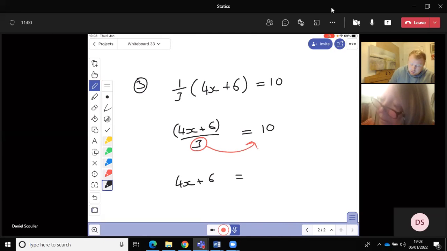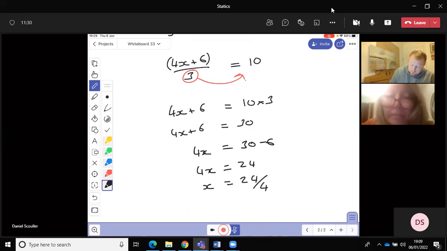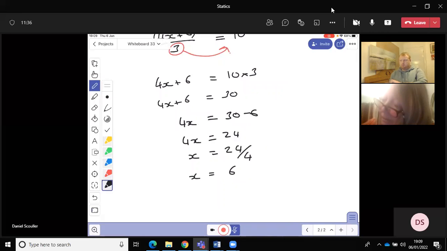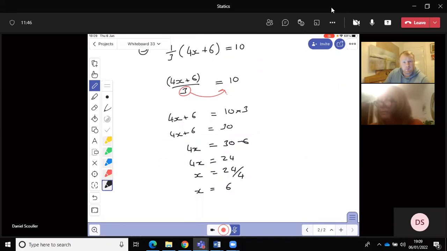So that expression on the left-hand side stays complete, and then it's a little bit more digestible once you get to this stage. Just one of those things you need to look out for.